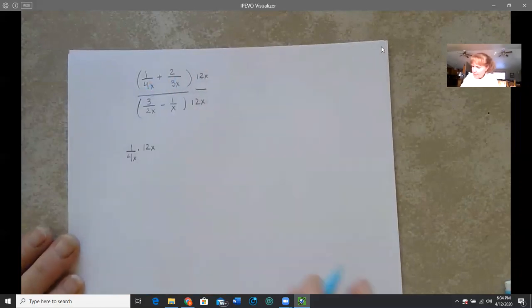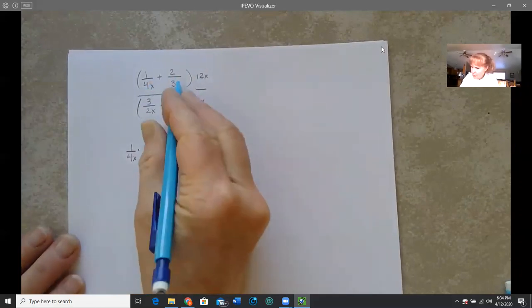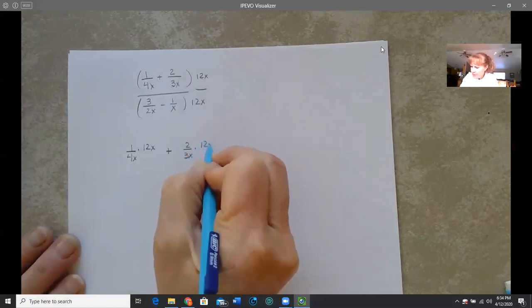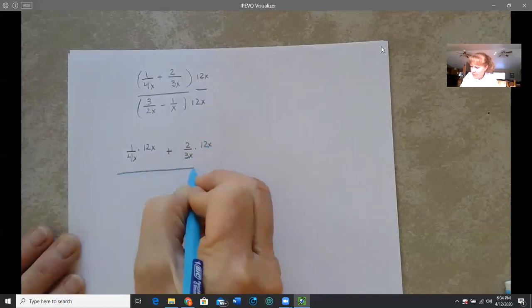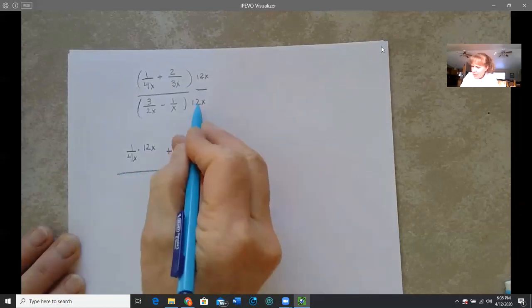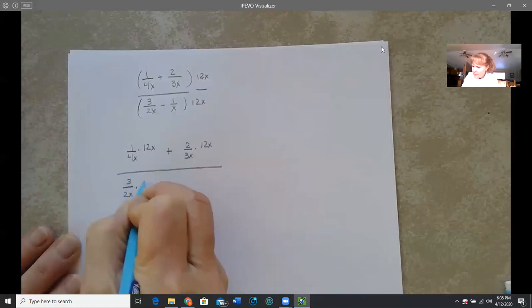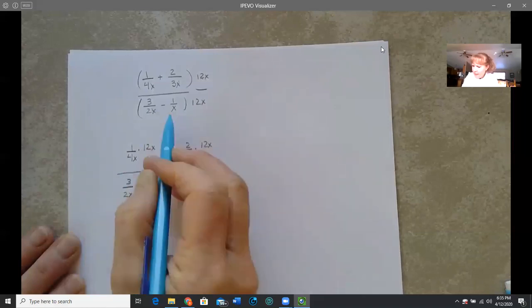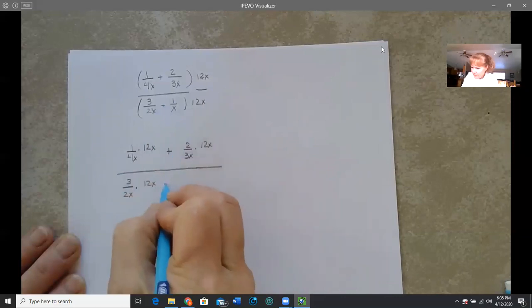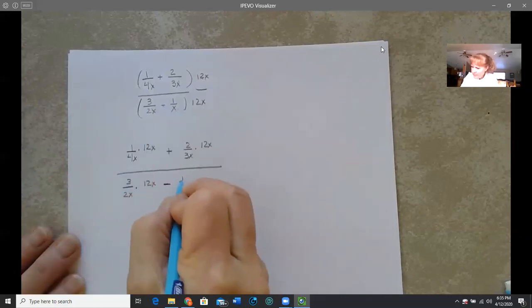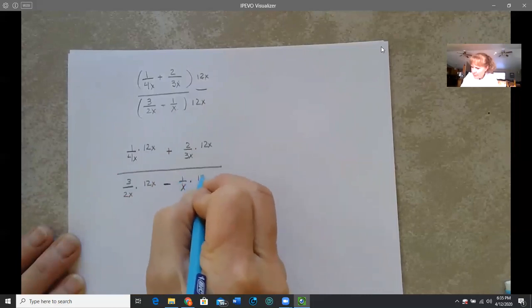Then I'm going to have plus 2 over 3x times 12x, all over 12x times 3 over 2x times 12x. I have a subtraction here, so I'll put my subtraction. 1 over x times 12x.